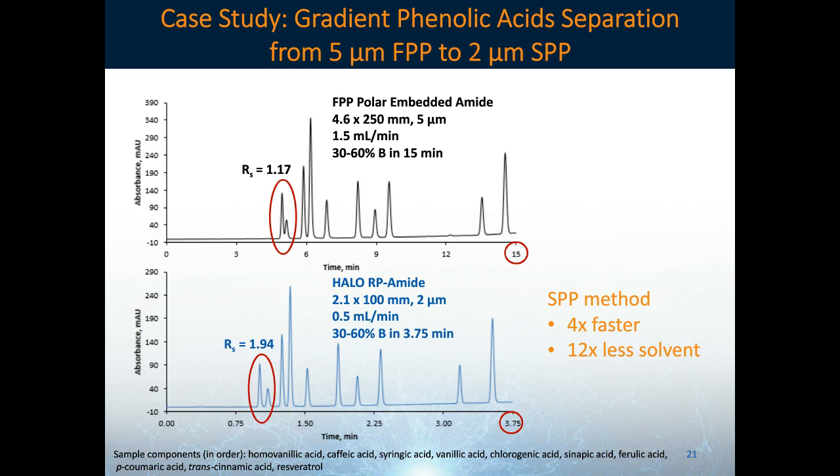Whereas on the Halo column, we're able to decrease the total runtime to 3.75 minutes, and then also increase the resolution to 1.94 or baseline. So not only is the SPP method 4 times faster, but in this case you're using 12 times less solvent.